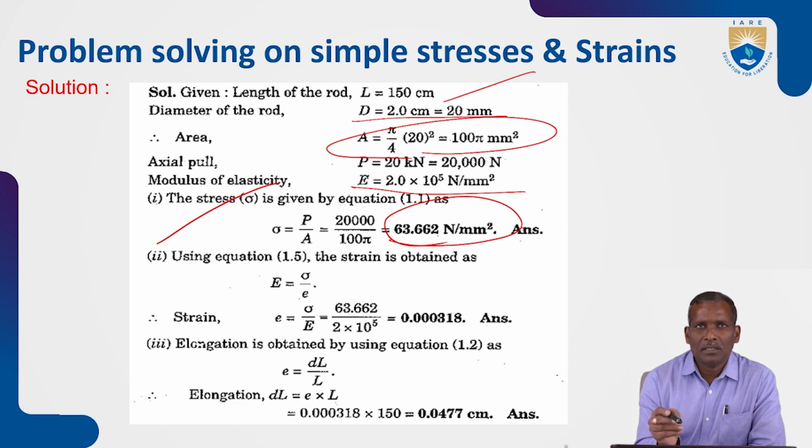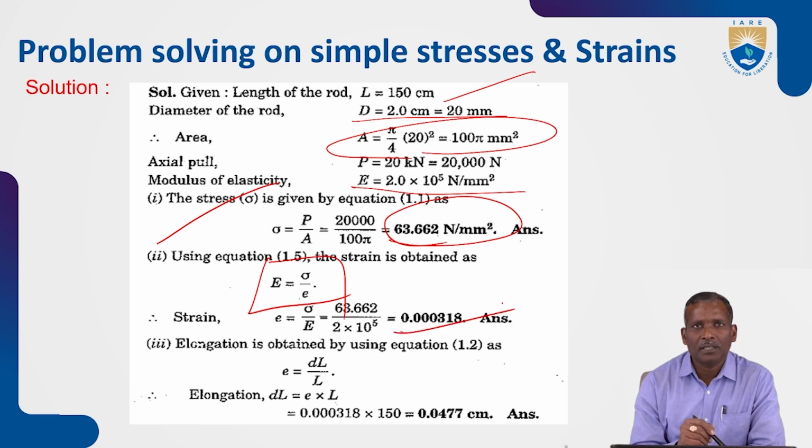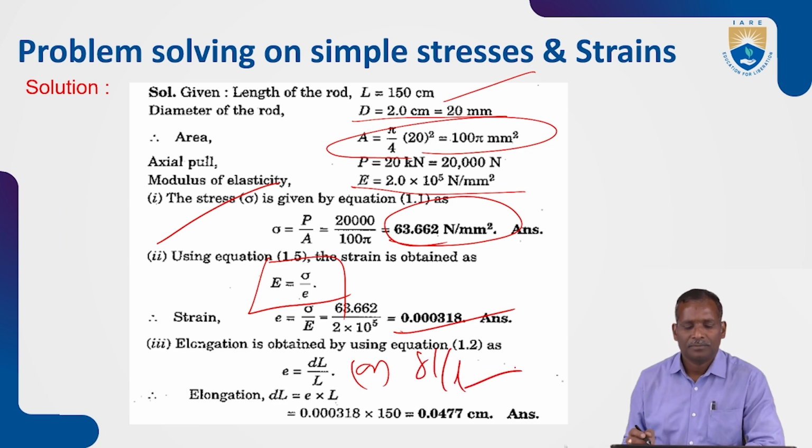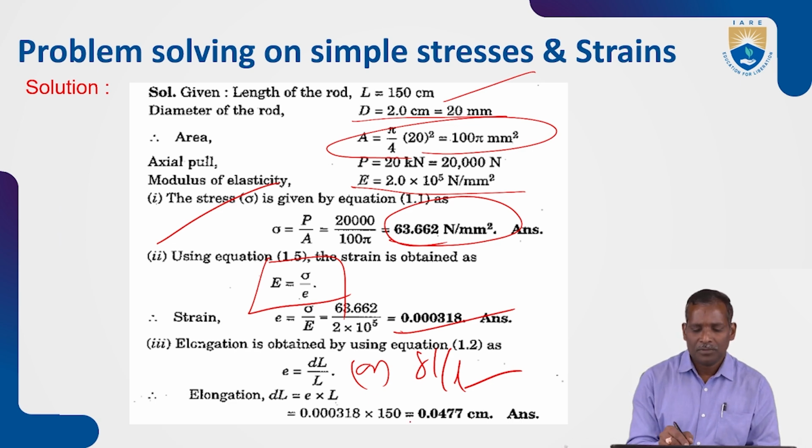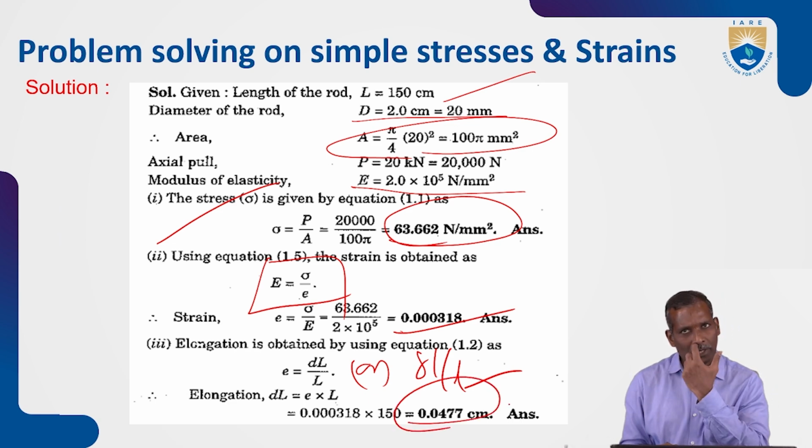Using the equation we have discussed in the theory part, the strain epsilon is equal to sigma by E. From the strain you will get the elongation delta L by L. So the elongation delta L is equal to epsilon into L. So you will get 0.0477 cm.